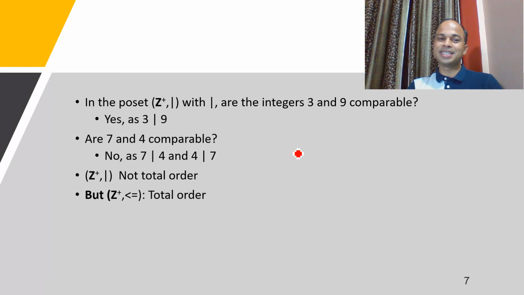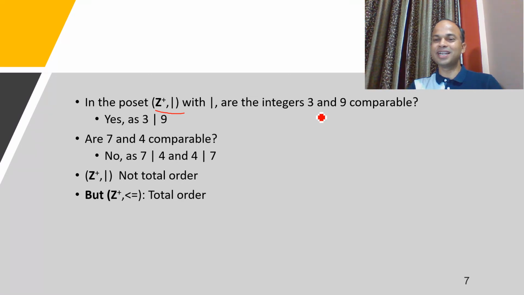So we are taking here an example whether a particular set with relation is comparable, I mean totally ordered, or not. Say our set is here set of integers and relation is here divide. Then we are taking here say two elements 3 and 9.